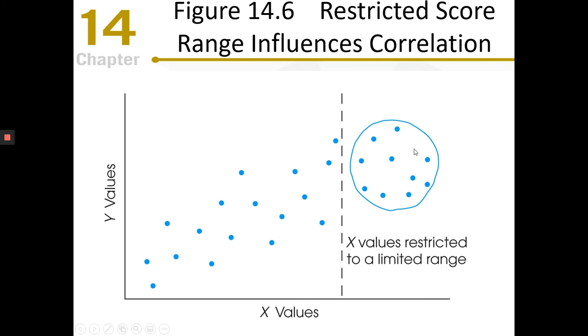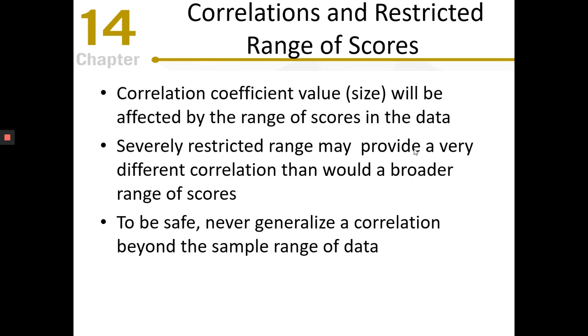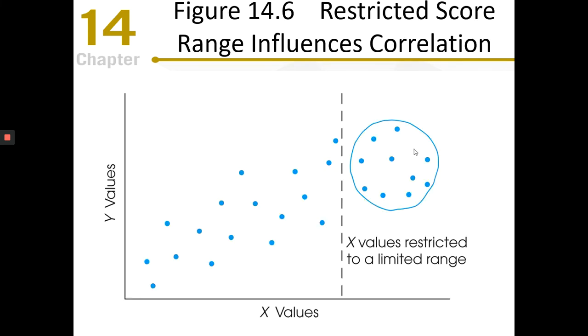So all this stuff about restricted range just means that we have to be very careful when we have a sample where there's not a lot of variability in the variables we're looking at. We could come up with some false conclusions, for one. And for two, when we have a restricted range like this, we better say that in our findings. We could say there's no correlation between narcissism and being a jerk.